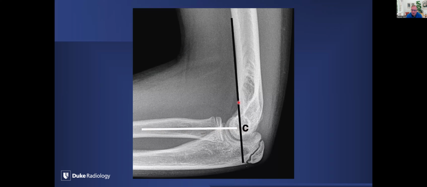So the anterior humeral line is used to try to identify a subtle supracondylar fracture, and the radiocapitellar line is used to identify a subtle radial head subluxation or dislocation.